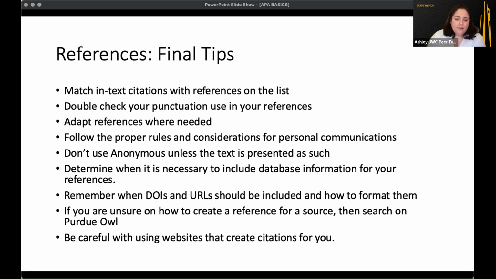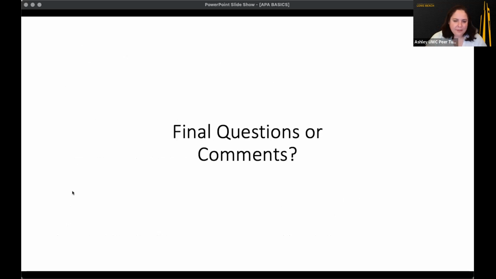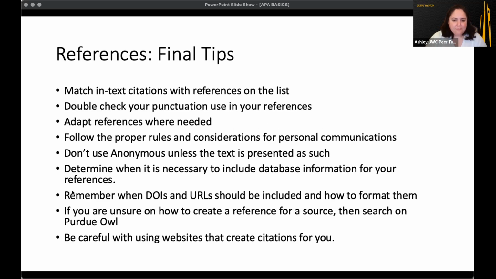So again, no author, don't use anonymous. Only use anonymous if they are attributing that work to anonymous. So yeah, no information, don't put it in.